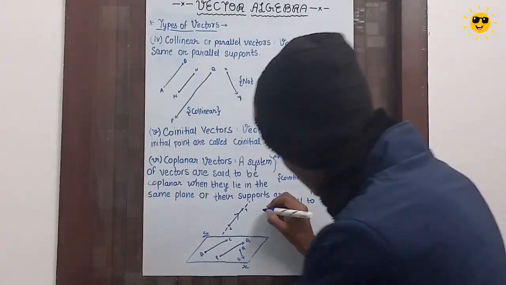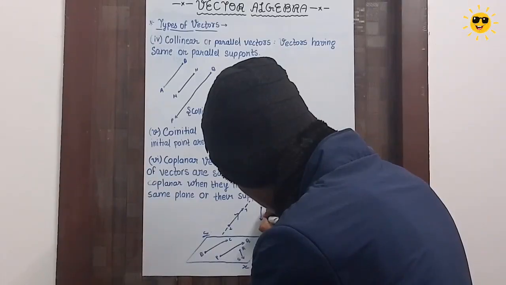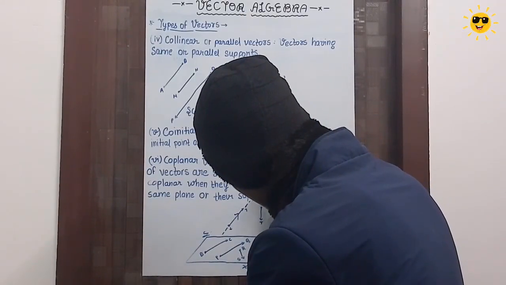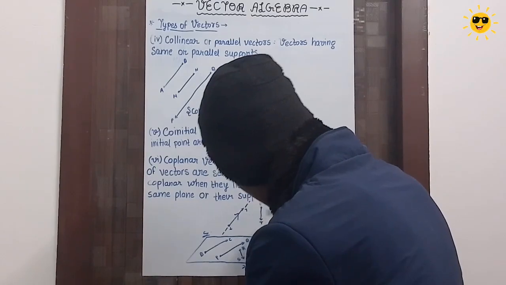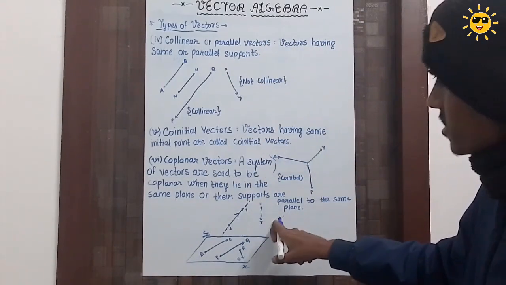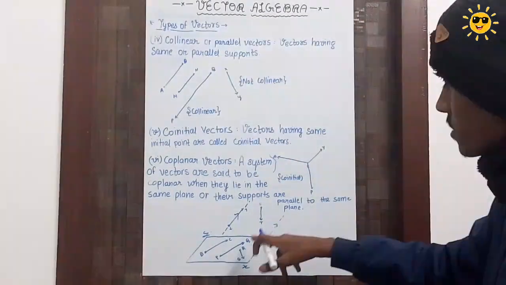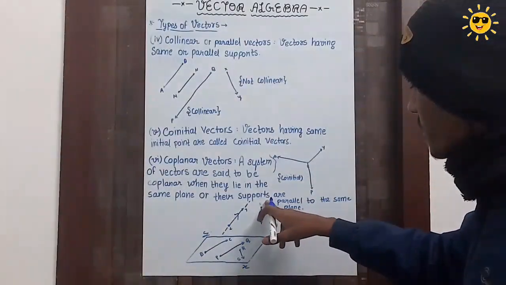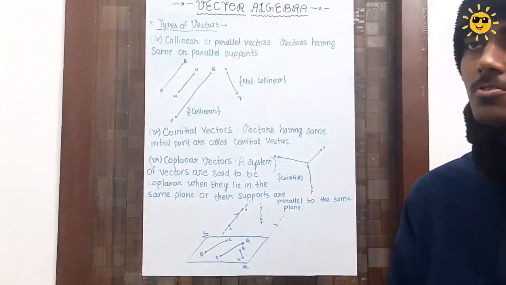But let's take an example of this vector, TU vector. Is this coplanar? No. It does not lie in the XY plane, and its support is not parallel to the plane either.